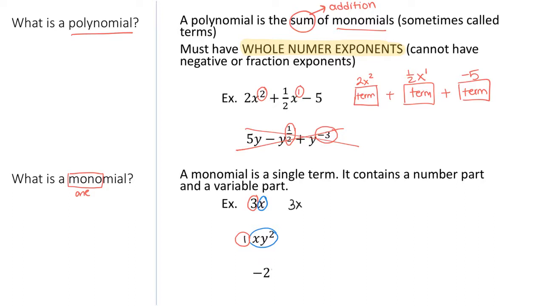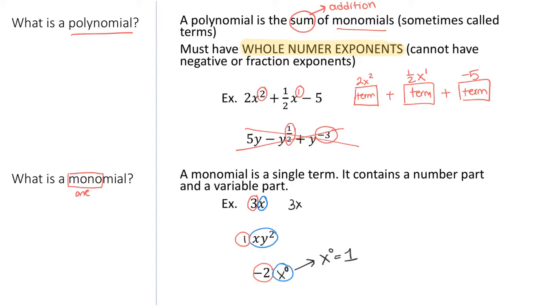It's pretty clear that the number part is negative 2, but what's that variable part? Well, if I imagine a variable there, which I like x personally, since there are no x's, x is technically raised to the 0 power because anything to the 0 power is 1. So if it doesn't have a variable part, it's just hiding because you don't have to write it.